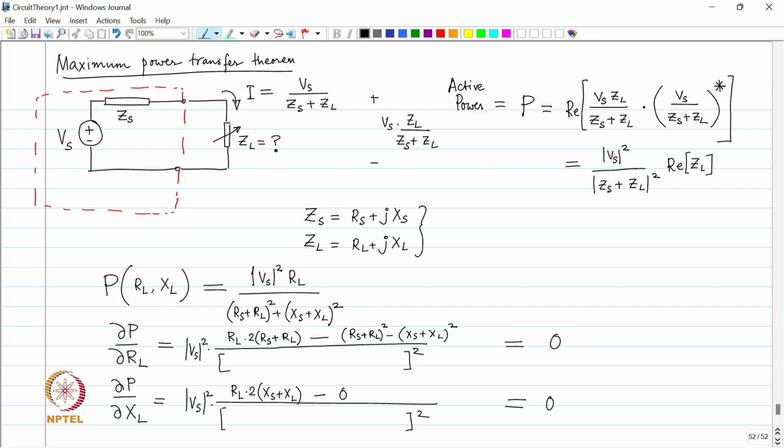So, what do you see from the second equation? What can you infer from the second equation? So, I can infer that x L is equal to minus x s, and as soon as I make this inference, what can I say about the first equation? This term drops out to 0, because x s plus x L is equal to 0. Fine.